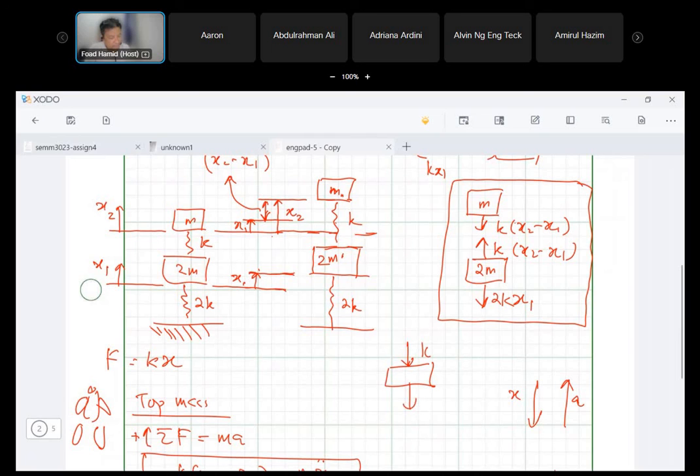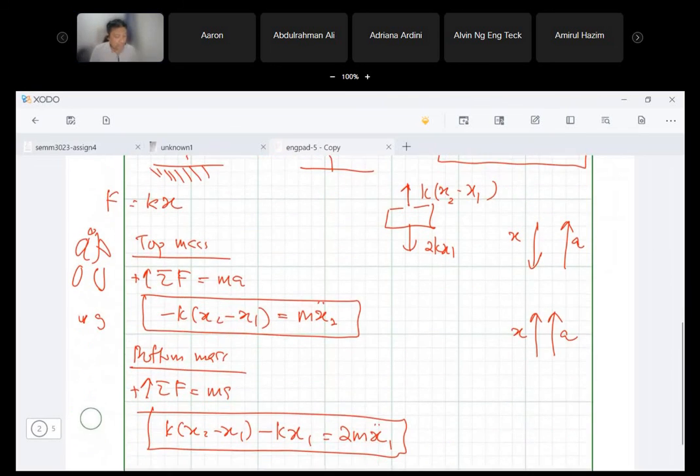You get this, which is 2kx1, and you switch to x1 minus x2. My question is, why x1 minus x2? Why not x2 minus x1, which is more consistent with the free body diagram?